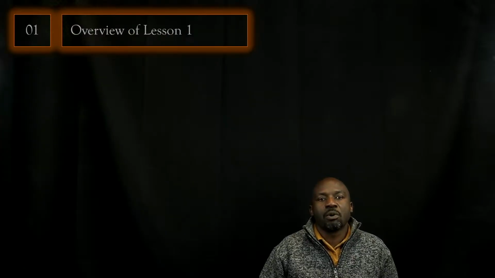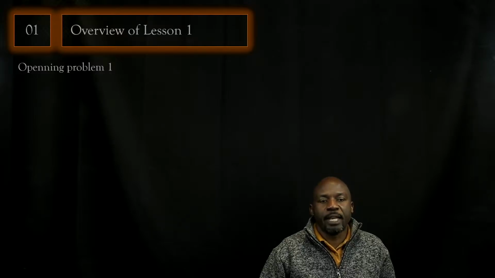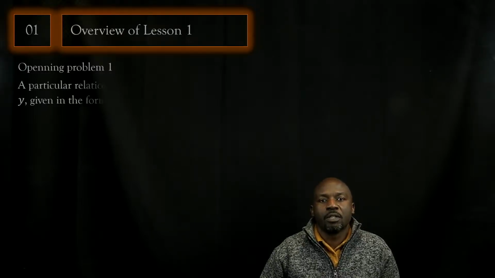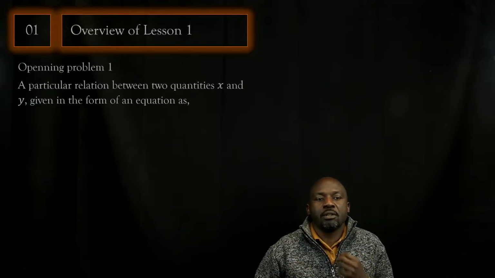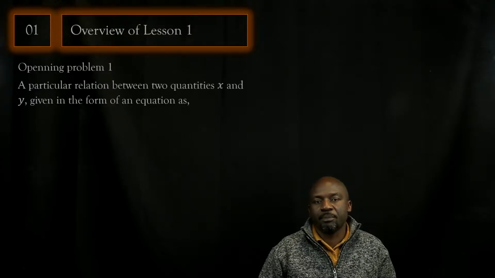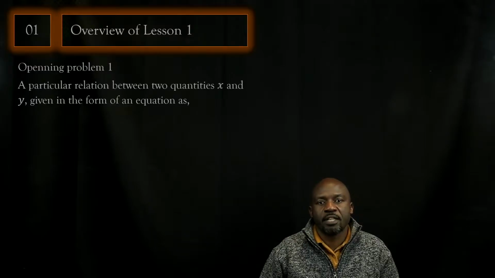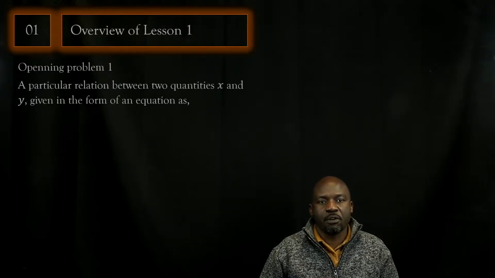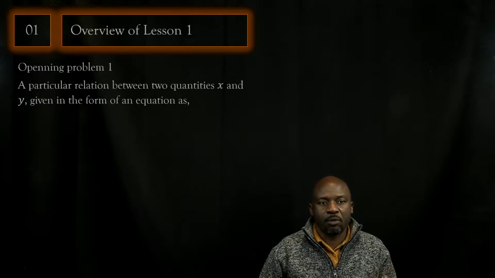Okay, so we will start with an opening problem. This is building on what we discussed in lesson 1, so keep that in mind. A particular relation between two quantities x and y is given in the form of an equation. Remember, we can present a relation in terms of an equation, a graph, mapping, and all that.